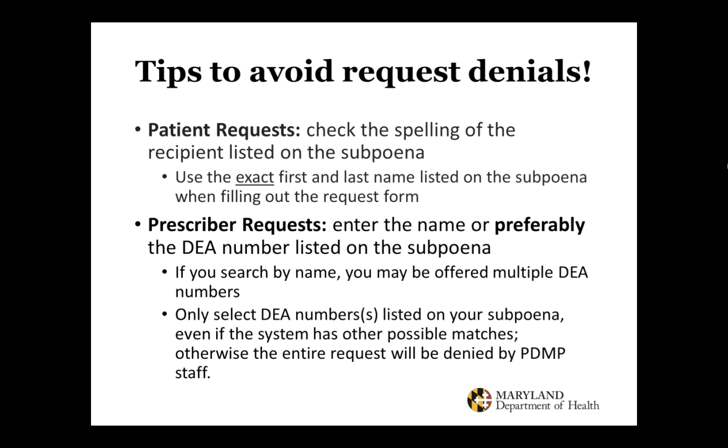You can, however, enter the prescriber's name if the DEA number or numbers are not known or you're not sure that you know all of the DEA numbers for that prescriber. If you search by name, you may be offered multiple DEA numbers in response. Only select the DEA numbers listed on your subpoena, even if the system has other possible matches. Otherwise, we may have to deny your request.